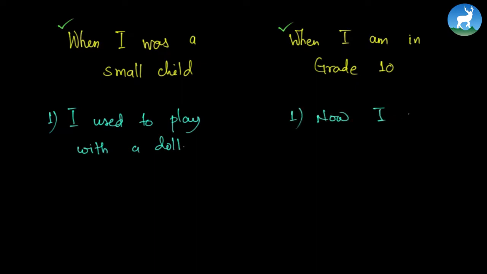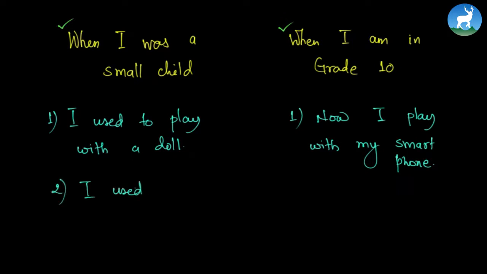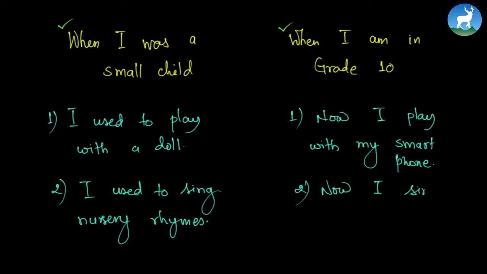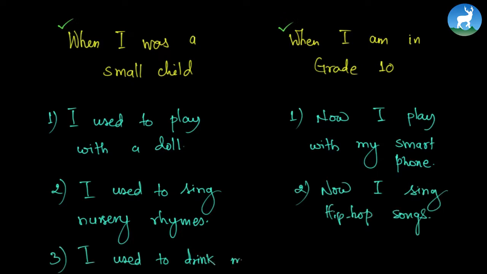Now I play with my smartphone. See, technology. Let's come up with some other structures. I used to sing nursery rhymes. Now I sing hip-hop songs. I used to drink milk. Now I drink Coke. So these are some of the differences.